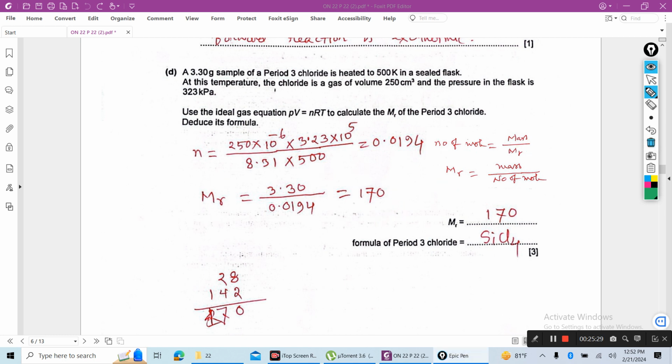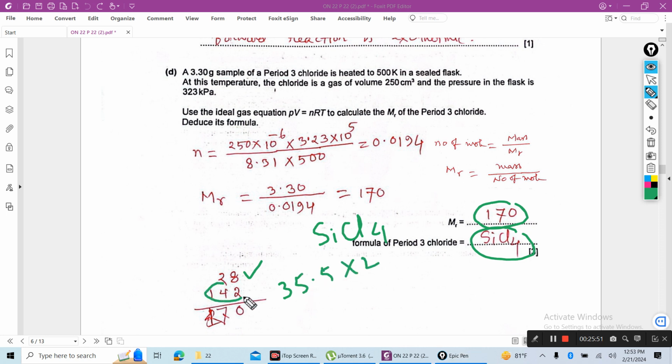So silicon tetrachloride molecular mass will be 170. Silicon 28, 4 chlorine, 35.5 times 2 is 71, 142 times 4.